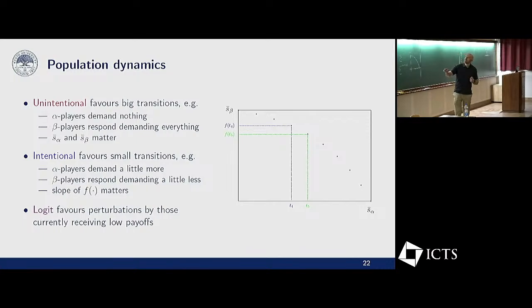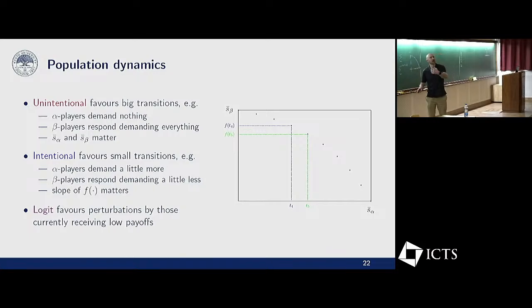However, on the other hand, if we have intentional mistakes, that favors small transitions. If alpha players demand a little bit more, it's easier for beta players to say, well, okay, I'll accept that, I'll move to that instead, than if they demand a lot more.